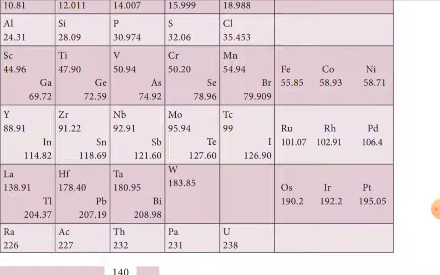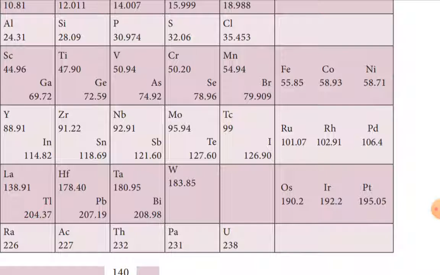Cobalt's atomic mass is 58.93 and nickel's is 58.71. Actually, nickel should be placed before cobalt, because the atomic mass of nickel is less than that of cobalt. Nickel should come first, then cobalt, but it is not in the correct order.